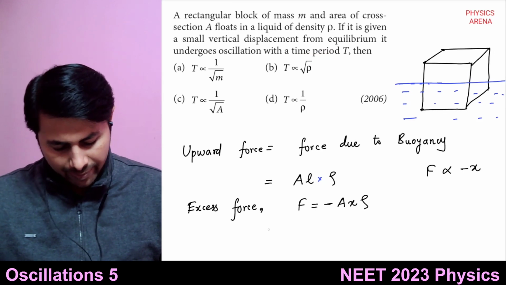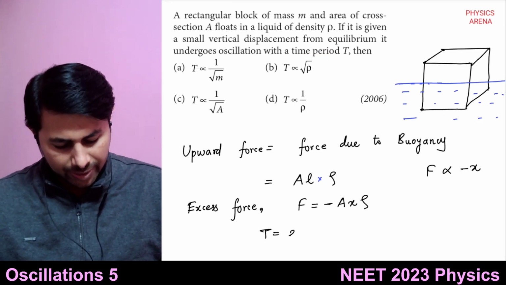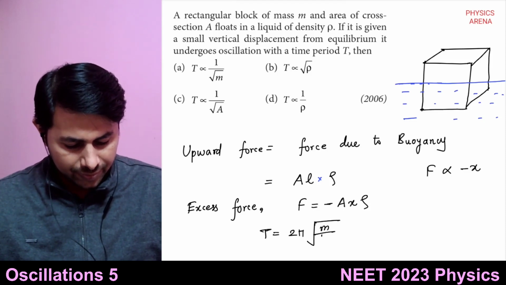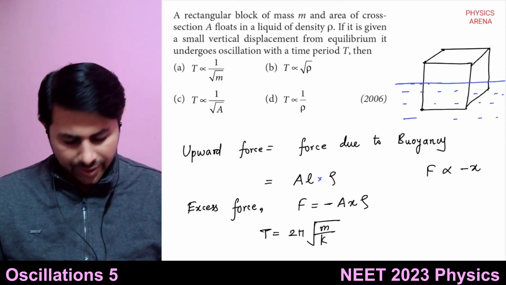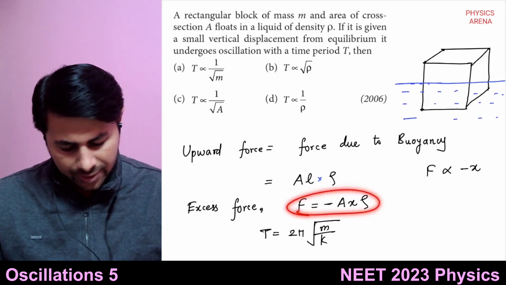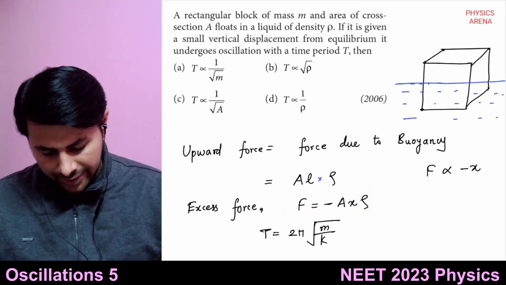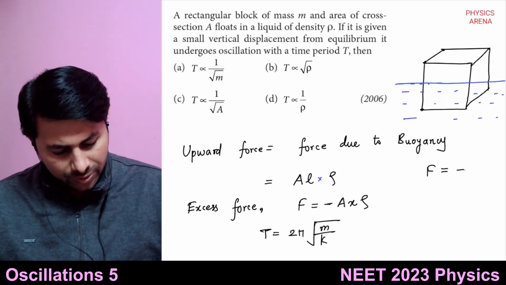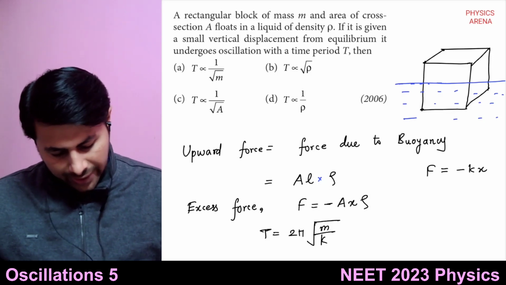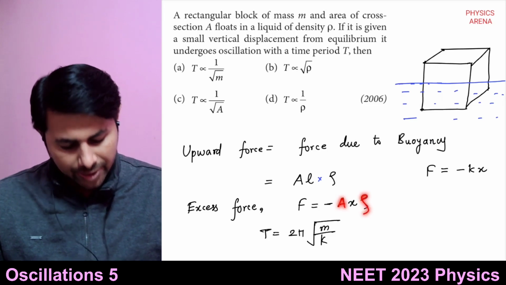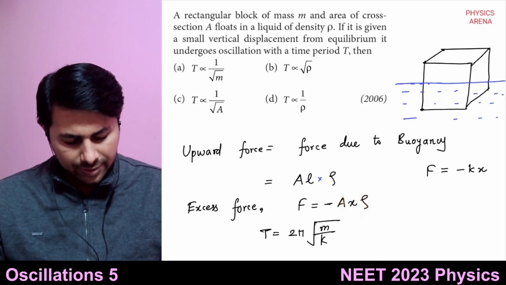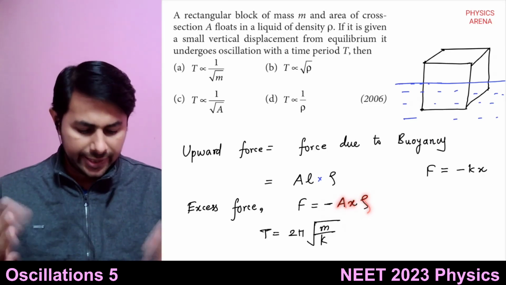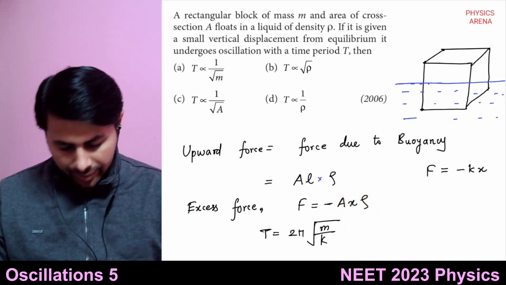Now the time period of oscillation is given by 2 pi square root of m by k. And what is k here? If you compare this with F equals minus kx, k is equal to A multiplied by rho. So this term in multiplication with x, A into rho, is equal to k.